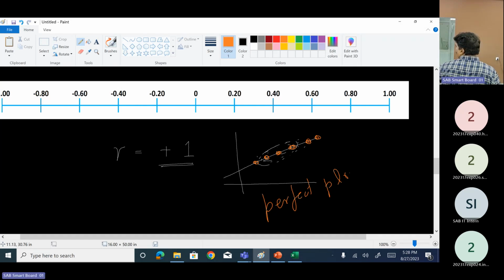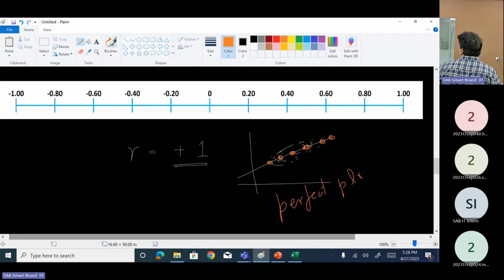So similarly, you can have R equals -1 also. So if your R equals -1, then it is perfect negative relationship. So the structure is symmetric, right? Perfect positive here, perfect negative, right? Okay. So R equals 1 we consider separately. R equals 1 means perfect positive linear relationship. We have to just remember the term.